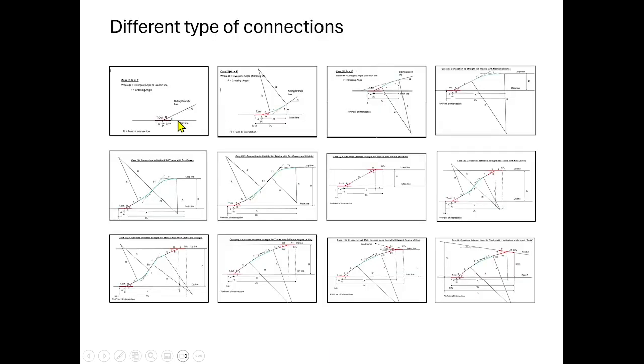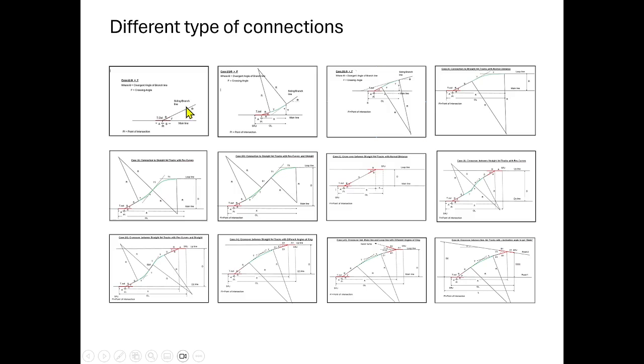Even in the previous video I touched upon the different types of connections we have. Once again, I just want to recollect. This is a divergent track connection, of a siding coming and connecting with the main line. How is it to be done? We have different types. First, the angle of inclination of the divergent track or siding track with the main line is equal to the angle of crossing.